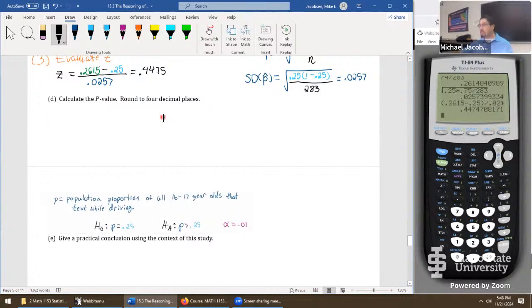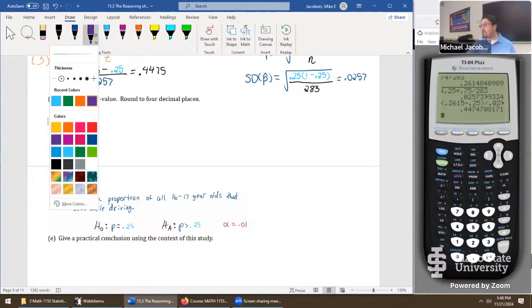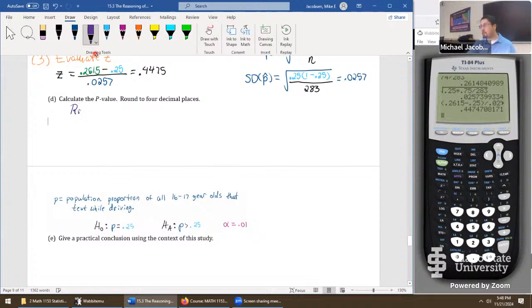Okay, so for the p-value step, we look right to here, to the alternative hypothesis specifically, and determine the type of test. If there's a greater than sign, as we see it right there, that tells us this is a right-tailed test.